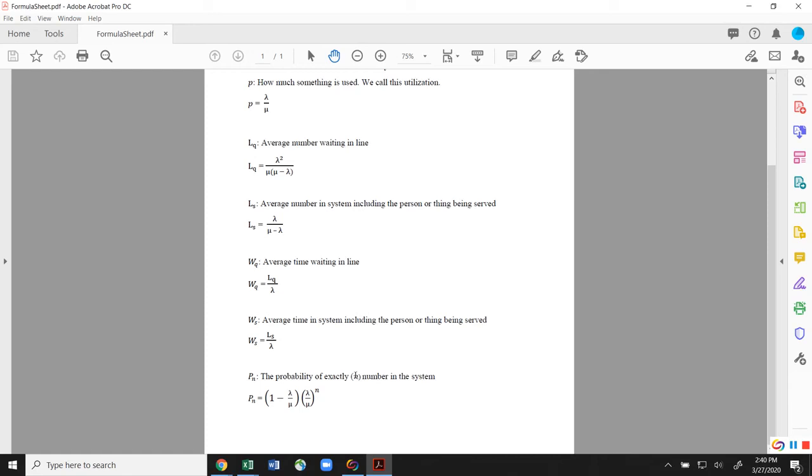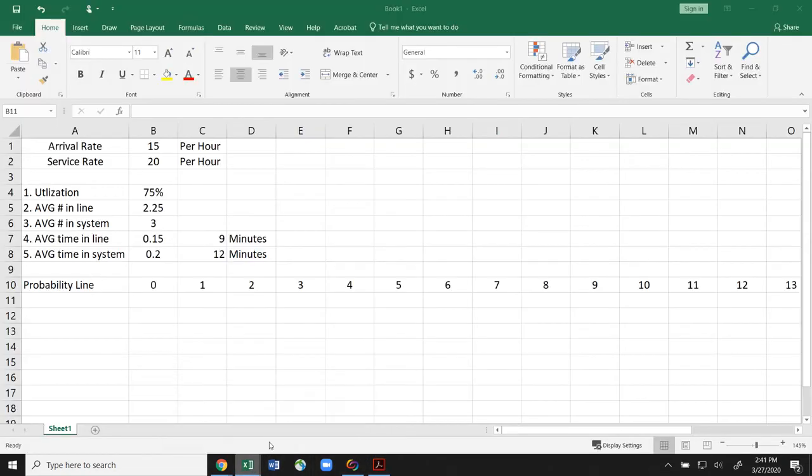We would put 10,000 in for n right there, and it would solve the probability that there's 10,000 in the system, which would be very small. We could also put a 4 in for n. What we want to do for some analysis is just do it all the way from 0 to 20. So that's what we're doing over here on our sheet. We are saying what's the probability of 0, 1, 2, 3, all the way up to 20.